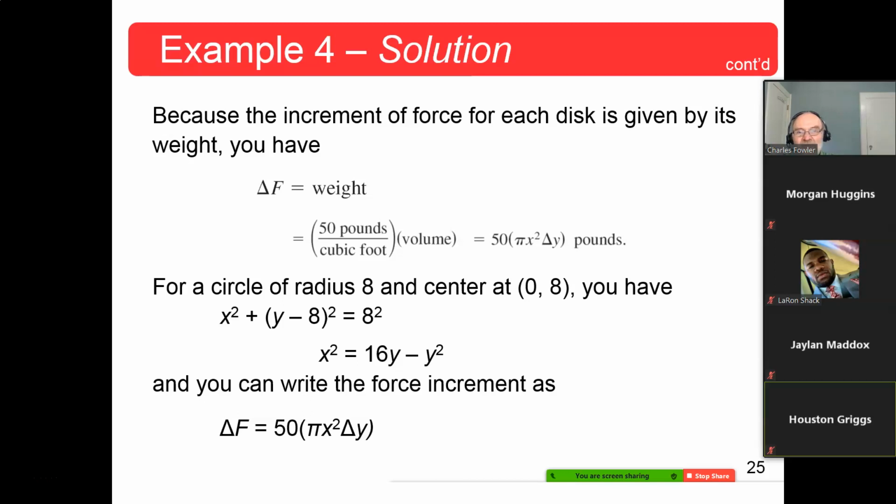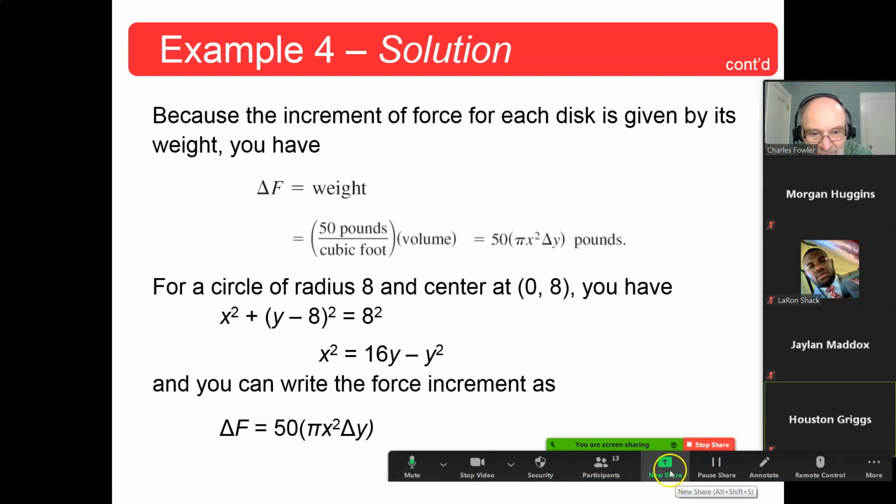Okay, so x squared is equal to 16y minus y squared. And see, they skip steps like crazy here, and this sort of aggravates me. I think I'll have to go and do that one because they skip so many steps.